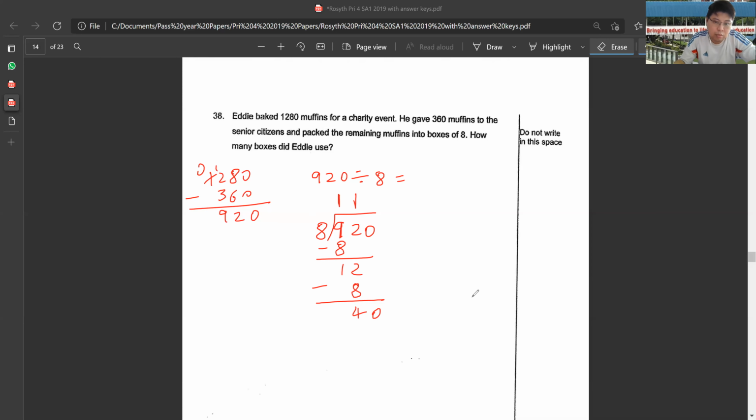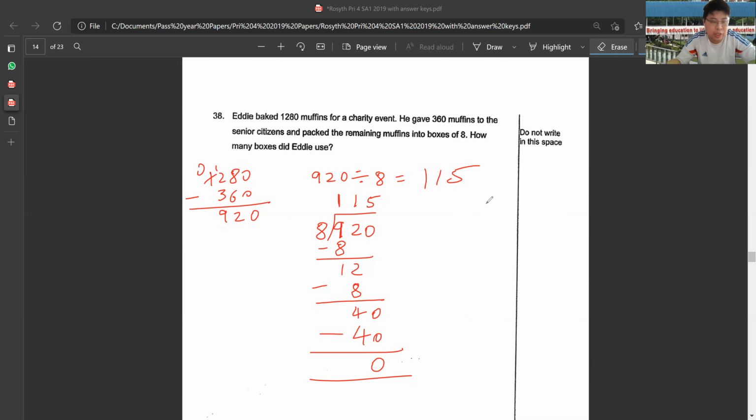So you bring down the 0. 8 times what equals 40? 8 times 5 equals 40. So 115.